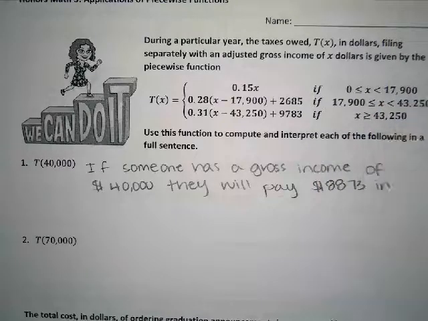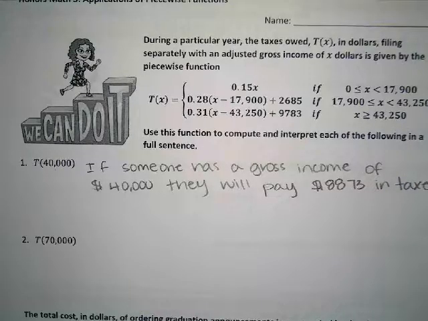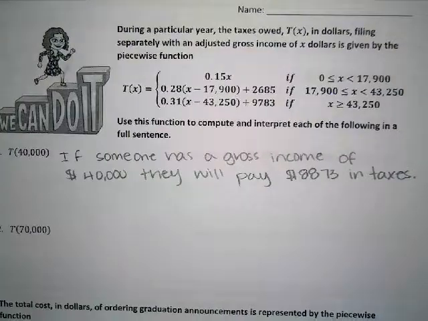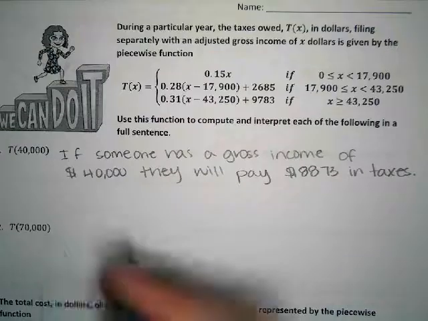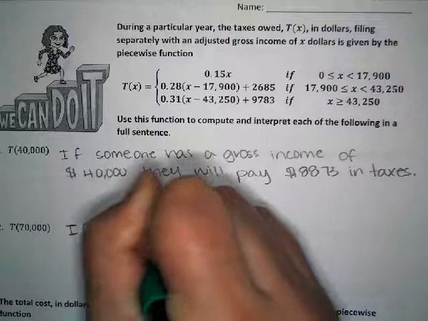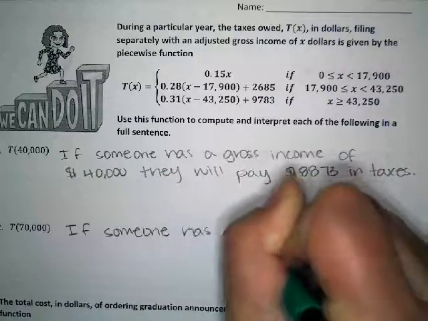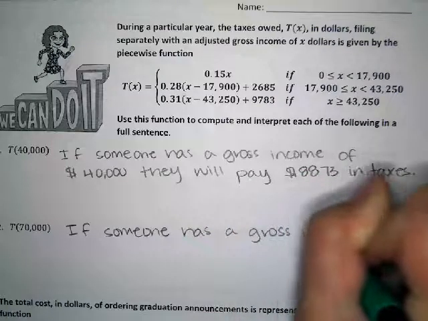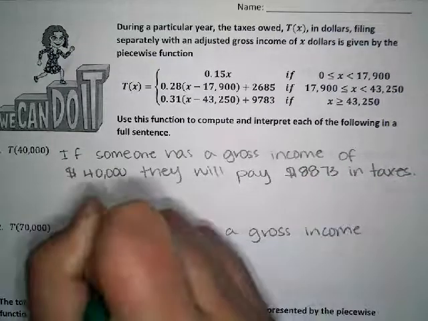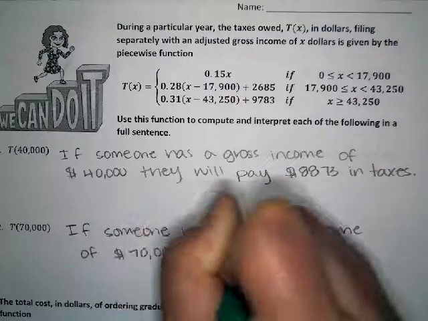No. All right. If someone has a gross income of $70,000, they will pay blank in taxes. I'll let you guys finish that one.